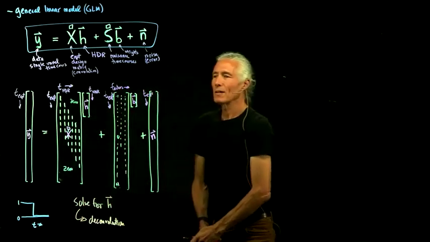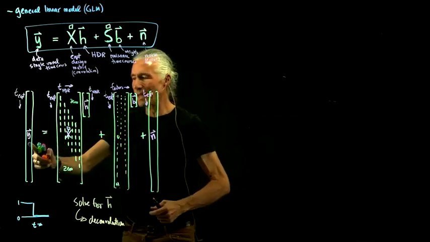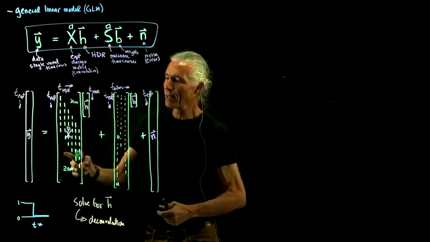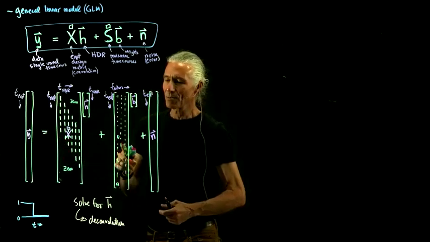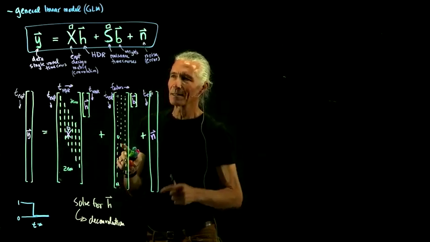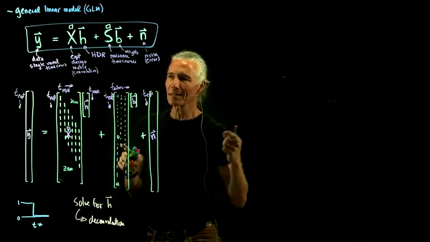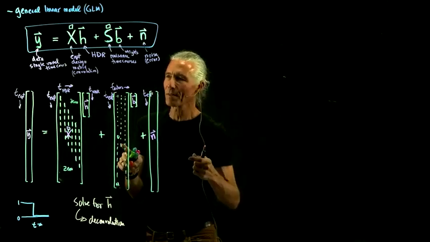And so how do we do that? We've got the data. That's a known. We have the experimental design. That's a known. We have our expectation of what kind of nuisance things we have. That's another known.